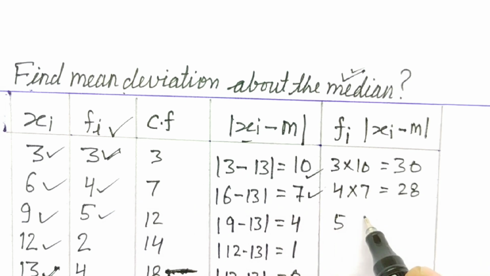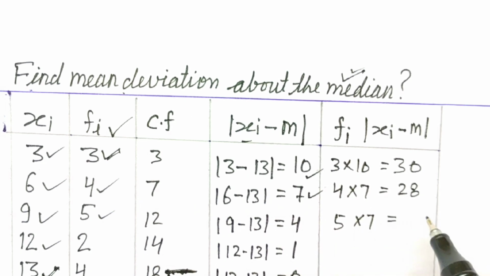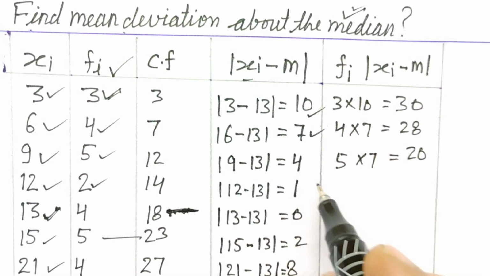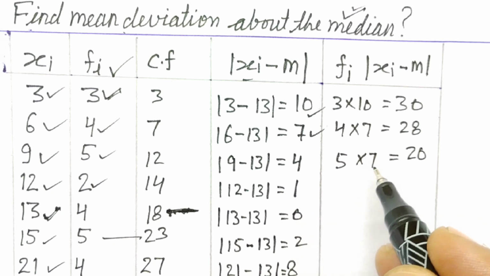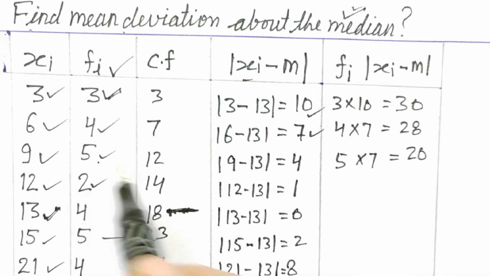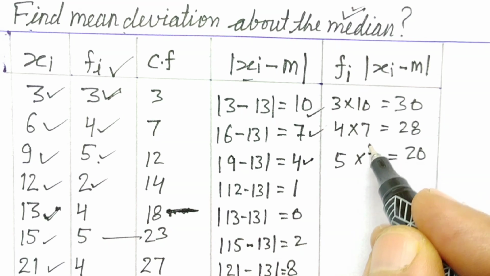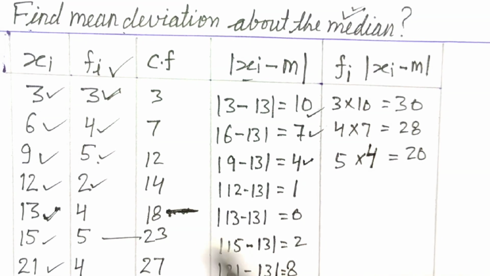Sorry, here I have made a mistake, here it is 5 into 4, which is 20.